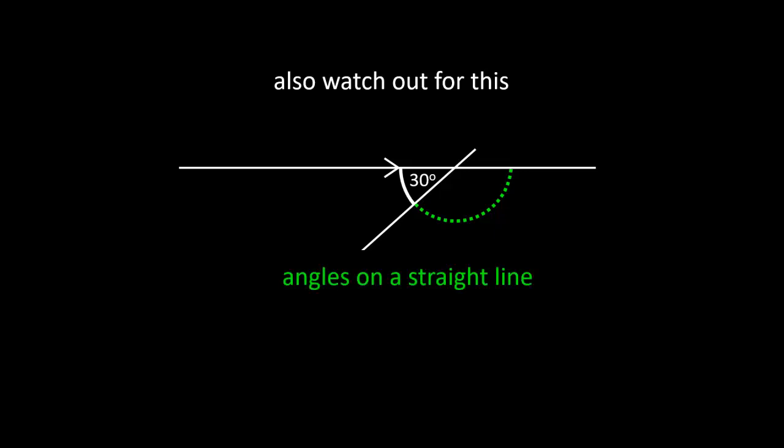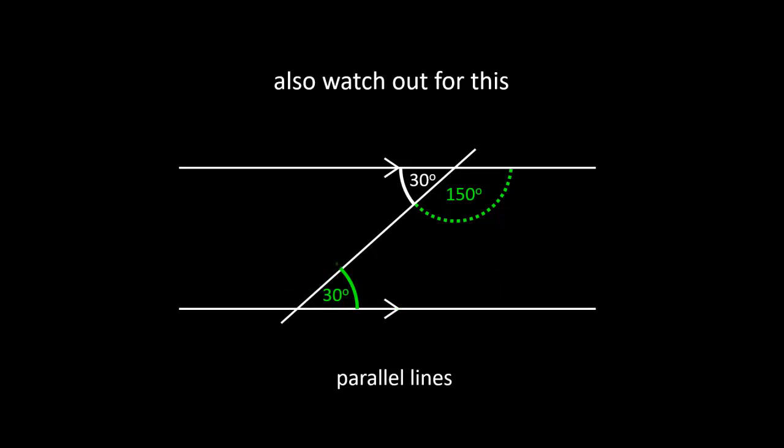Now angles on a straight line add up to 180 degrees, so that means that dotted green one must be 180 take away 30, which is 150. And actually if we get our parallel lines and our Z back, then that dotted one there must also be 150, because the 150 and 30 are two angles on a straight line.